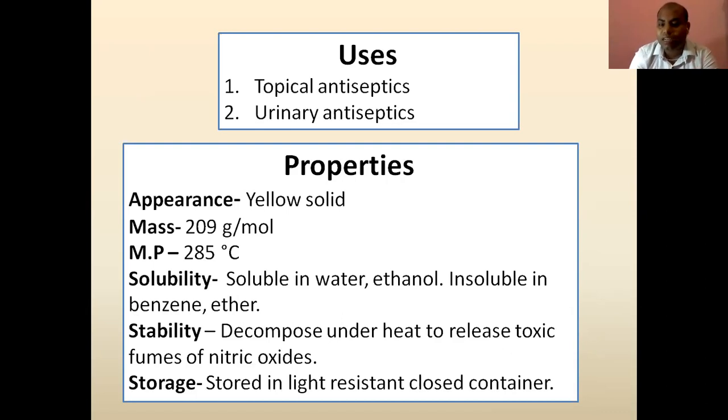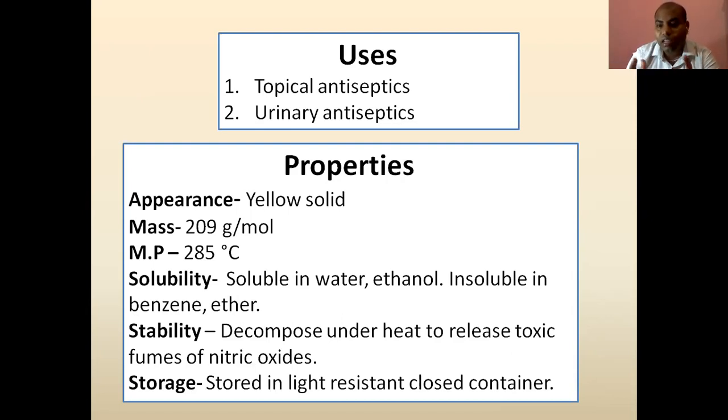Regarding stability, it generally decomposes under heat, because when there is nitrogen in the structure, it gets decomposed by heat, and with oxygen it produces nitric oxide or nitrogen dioxide, which are oxides of nitrogen.